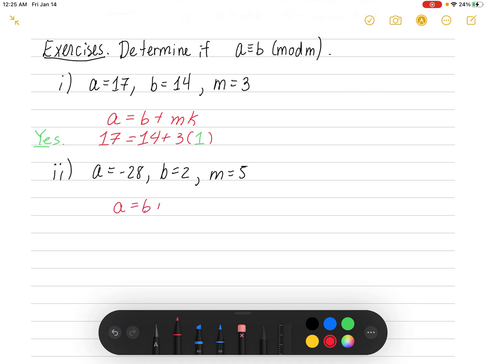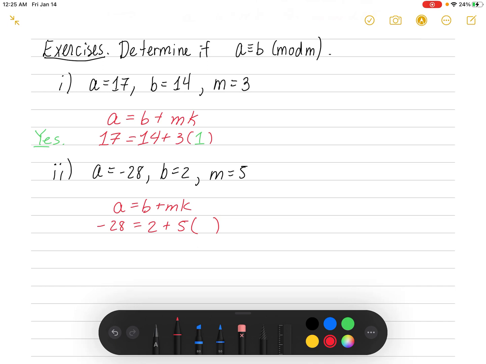Here a is negative 28, b is 2, m is 5, and can we enter a k there that makes this work out? So is negative 28 equal to 2 plus 5 times something?